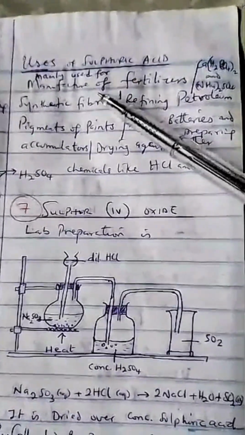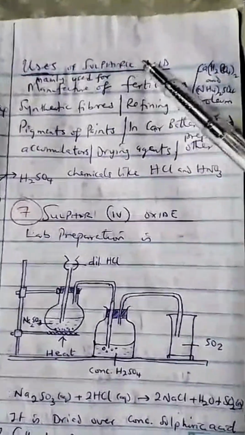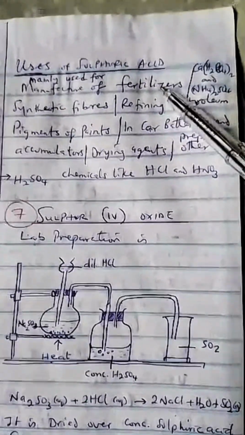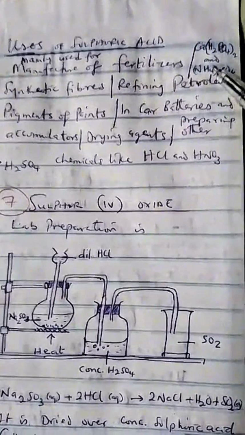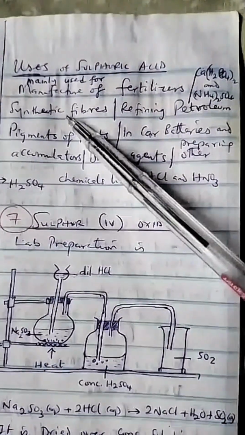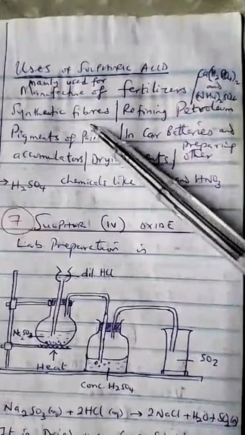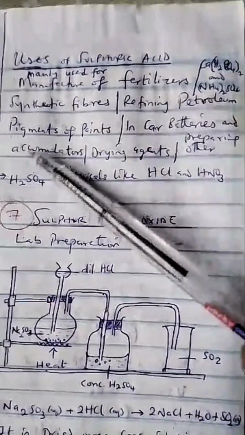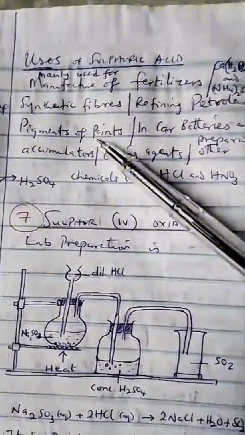Let's look at popular uses of sulfuric acid. It's mainly used for the manufacture of fertilizers and synthetic fibers. It is used in the refining of petroleum and in the pigments of paints.